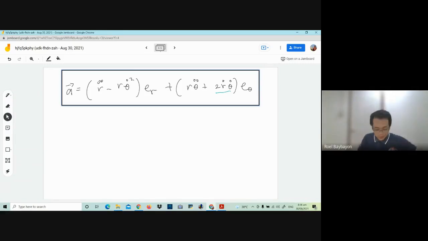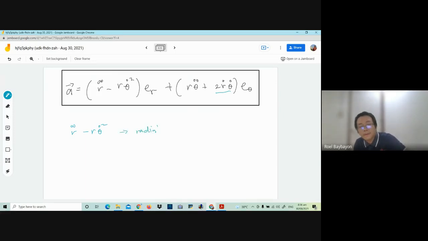So ang first term, r double dot minus r theta dot squared, is my radial component, while r theta double dot plus 2 r dot theta dot is the angular component.